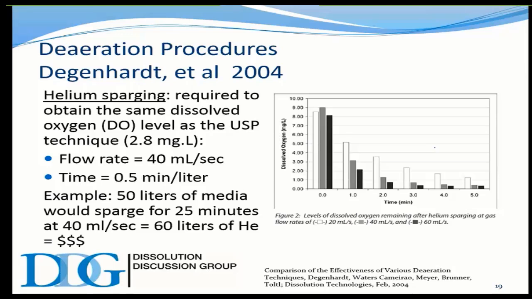So you'll see here that 50 liters of medium would generally sparge for about 25 minutes, but then you've got the overall consumption of helium. That amount of helium really translates to about 60 liters of helium, which can be remarkably expensive.